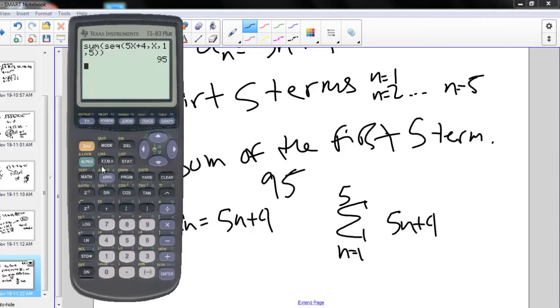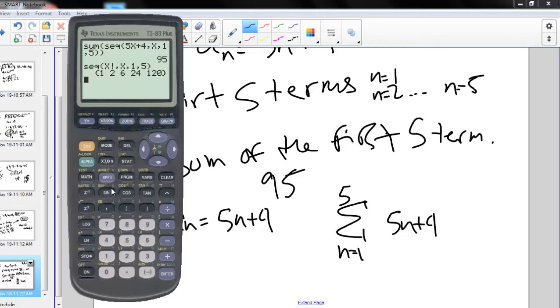Now, if I just said sequence x factorial for x from 1 to 5, that would just give me that sequence of numbers that we already saw. Does that make sense? That was the factorial that we did. 1, 2, 6, 24, 120.